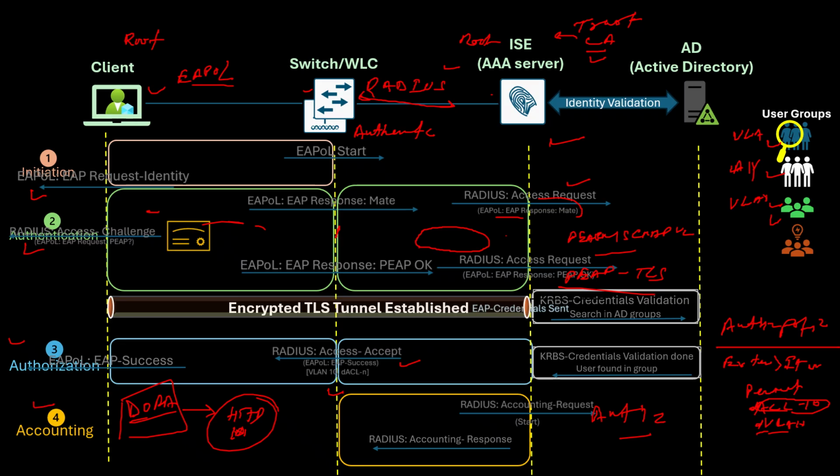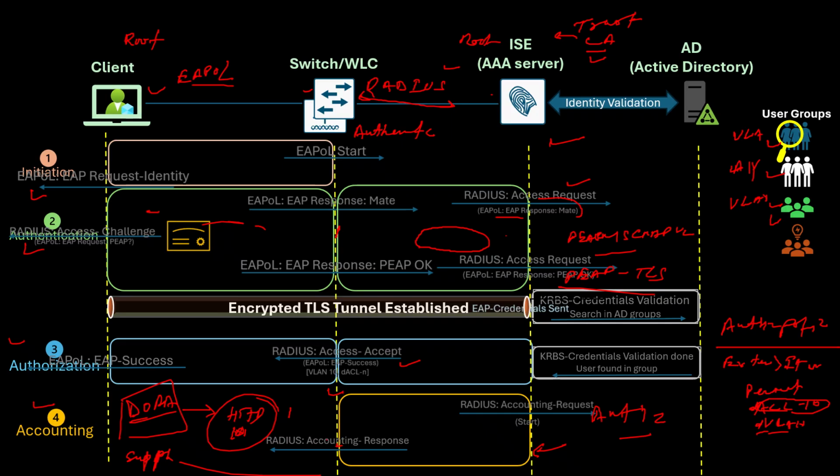So this is how the Dot1x authentication process works. But in between, encryption key generation will also happen between the supplicant and the authentication server, because the key will be sent by the AAA server to the switch, and then further negotiation will happen between the supplicant and the switch, the WLC, or the access point.